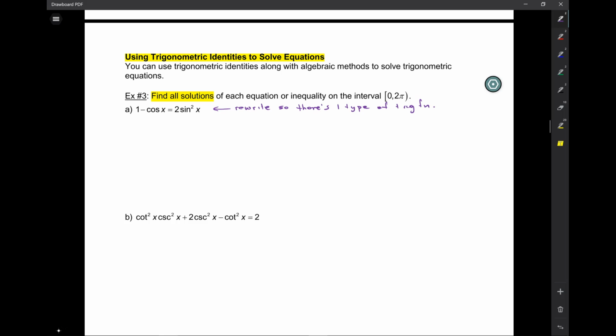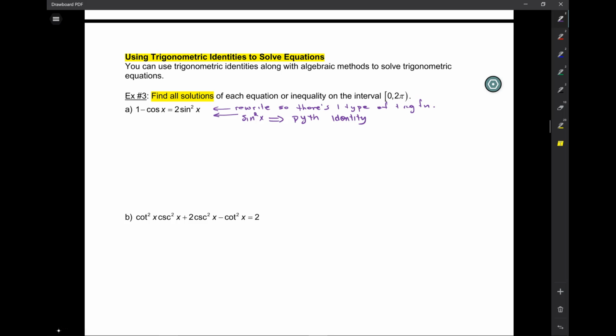The minute you see a sine squared, cosine squared, tangent squared, the first thing that should come to your mind is Pythagorean identity. Okay? So sine squared x, use a Pythagorean identity.